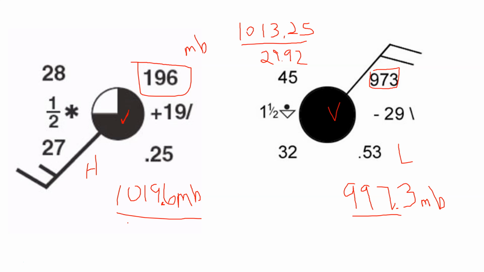So now what you're going to do here is divide by 33.86, and that will give you your answer in inches of mercury. Now, why are they different? Inches of mercury are what you'll tend to find reported if you're watching the weather on your local station, whereas meteorologists like to use the millibar as their unit of measurement whenever they're describing it. And so that's how you go about interpreting and actually plotting it.